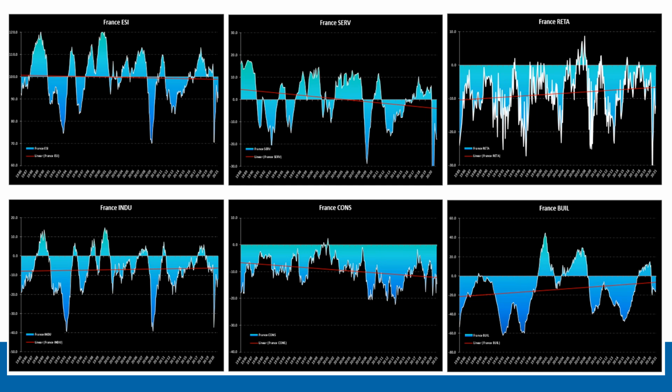If we look at the French service sector, in the top middle portion of the screen, you'll see a similar situation, but we're actually moving from positive to negative. So positive sentiment to negative sentiment on average over 35 years. You can see coming out of the financial crisis, there was a very sharp recovery in the French services sector, but it didn't last long.